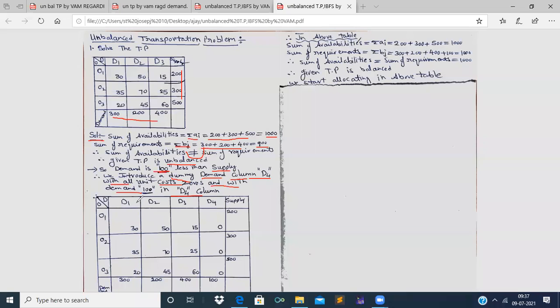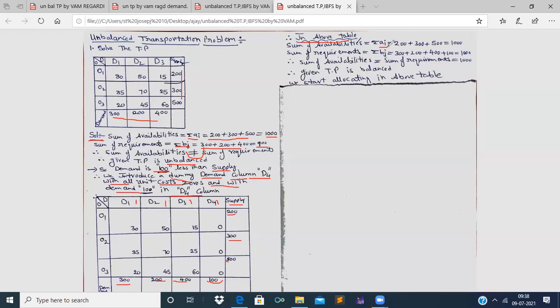See here, D1, D2, D3, D4 and supply. See the supply 200, 300, 500, it is 1000. Now if we see the demands 300, 200, 400 and the last demand is a duplicate demand which we have introduced, right?